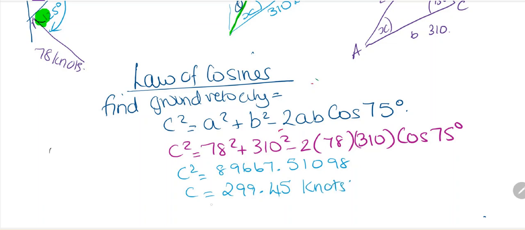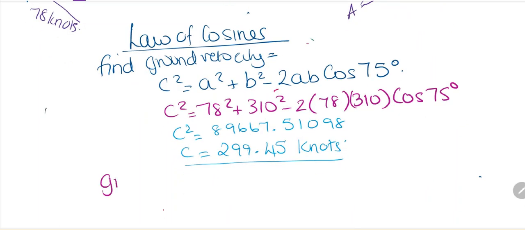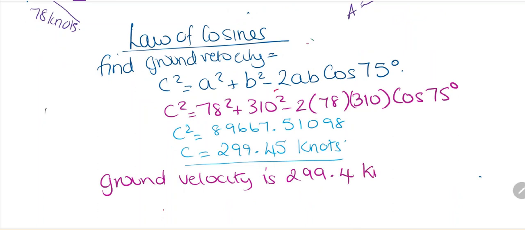So this is our ground velocity. So let's relabel this: our ground velocity is 299.4 knots, or 45.